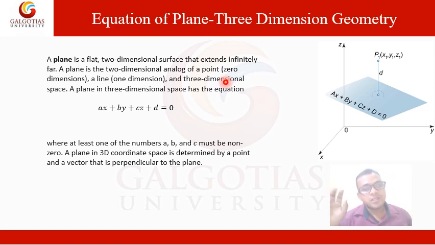A plane contains three variables: x, y and z, and some constant value, of course, that gives the inclination of your plane with respect to the horizon.